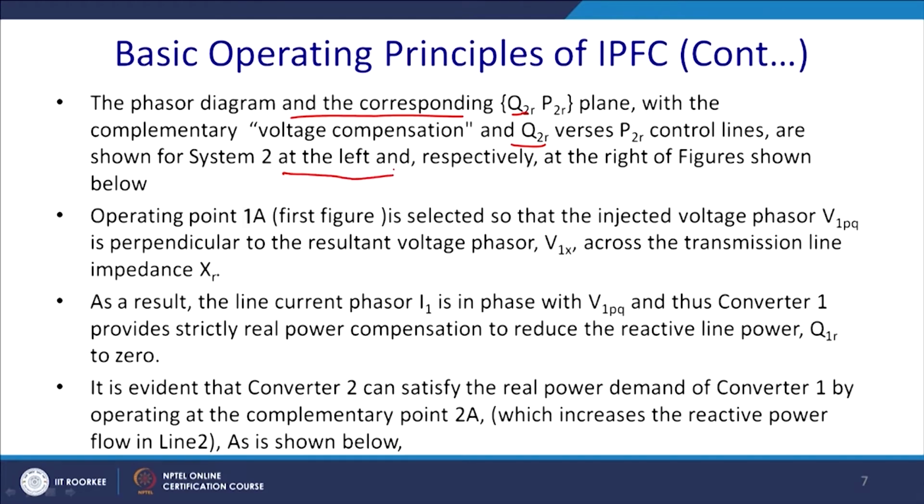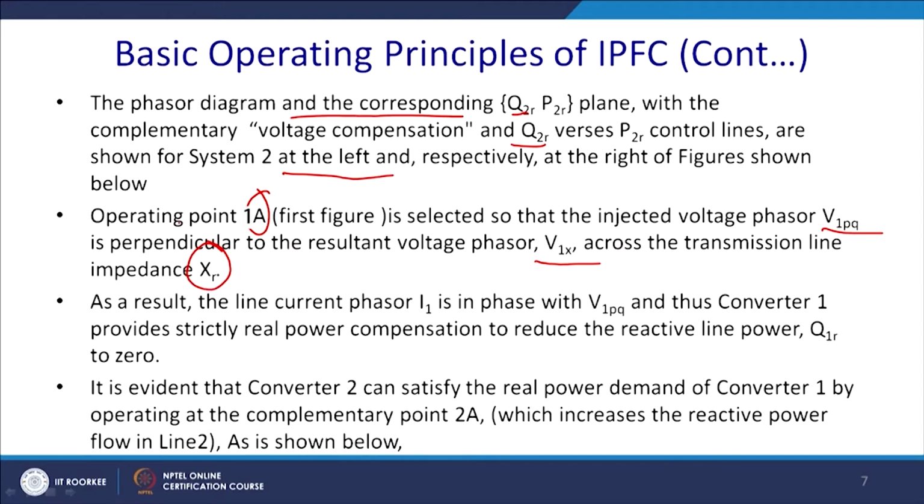The operating point, that is A1, which we have shown, is selected so that the injected voltage phasor V1q is perpendicular to the resultant voltage V1x across the transmission line, with a receiving impedance that has been named XR.